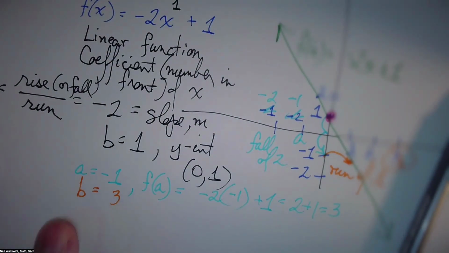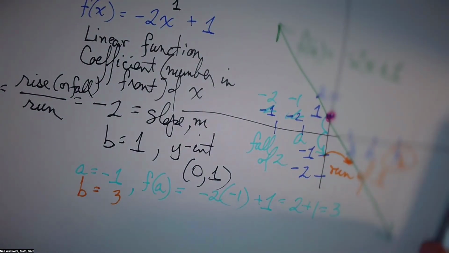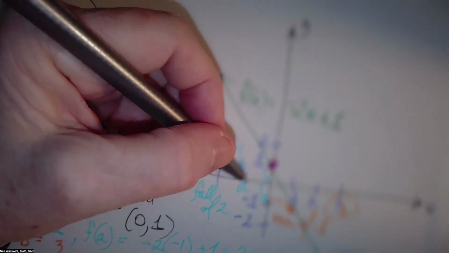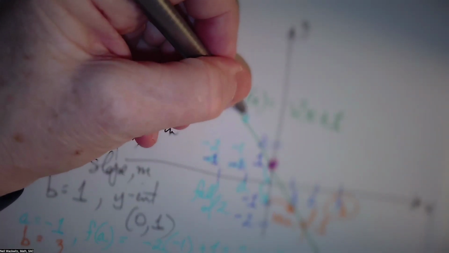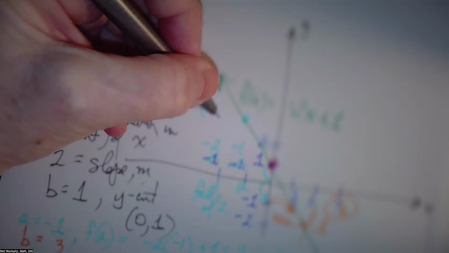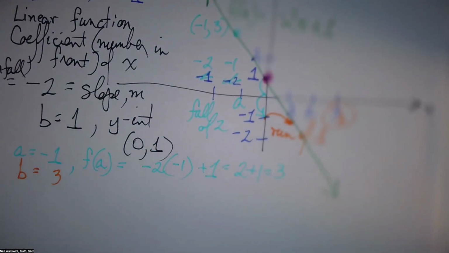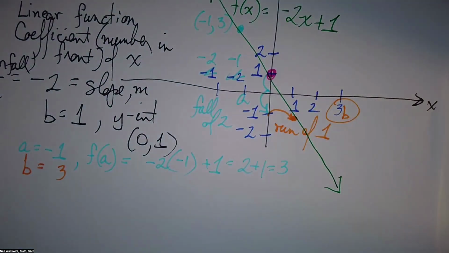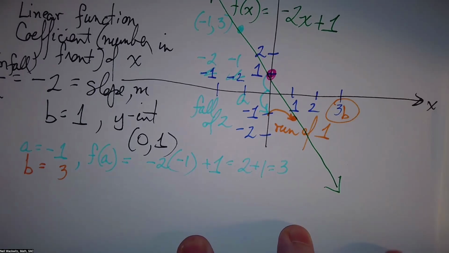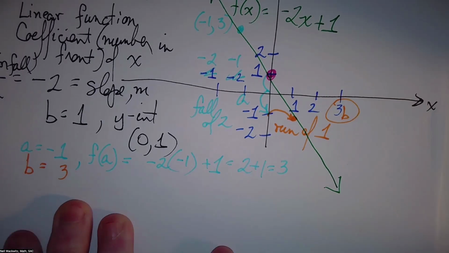So f of -1 is 3. I apologize for the focus. I'm not really sure why it's not focusing well.